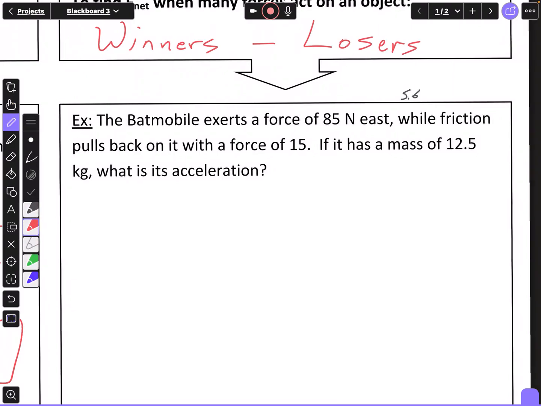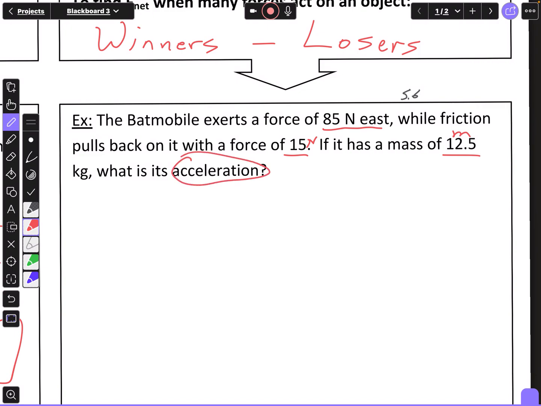So it says the Batmobile exerts a force of 85 newtons east, while friction pulls back on it with a force of 15, I should say newtons. Friction always opposes motion and an applied force. If it has a mass of 12.5 kilograms, and that's telling me my mass, what is its acceleration?